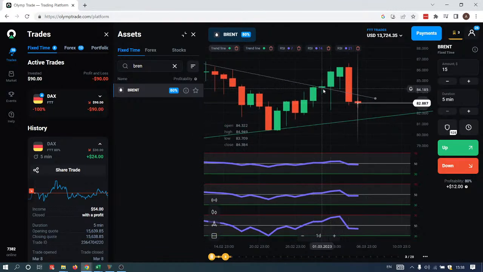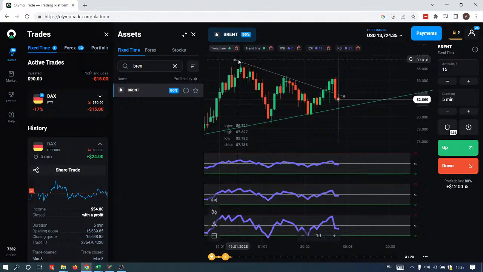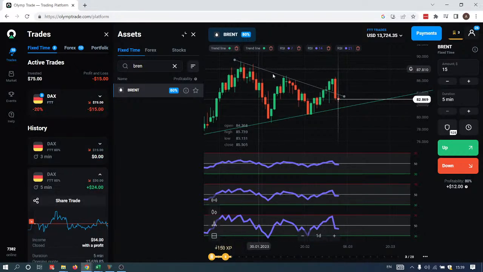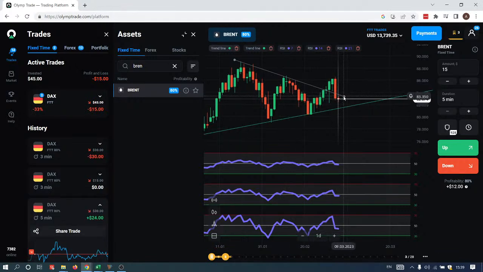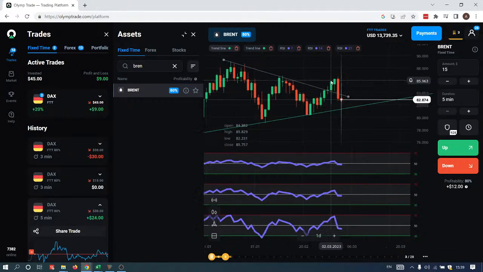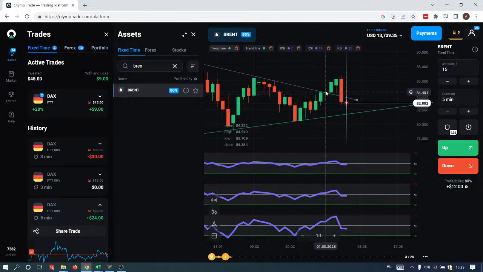1, 2, 3, 4. So 4 candlesticks ago, yes, that is a doji. That is a perfect example of a doji, except it coincided with this resistance level. That is why I barely even noticed it. Okay, 4-hour time frame.